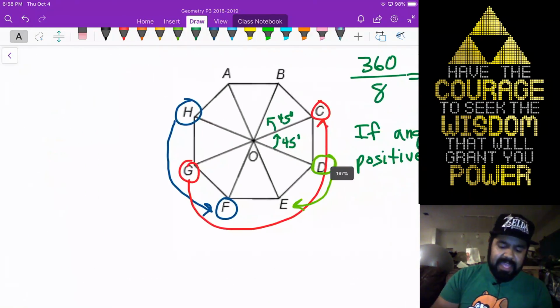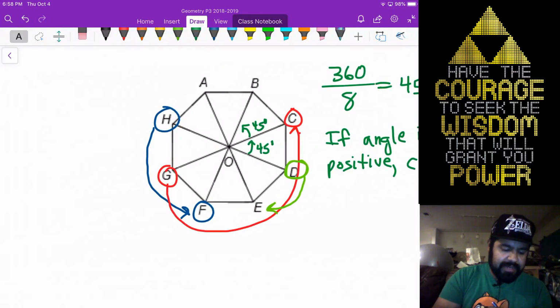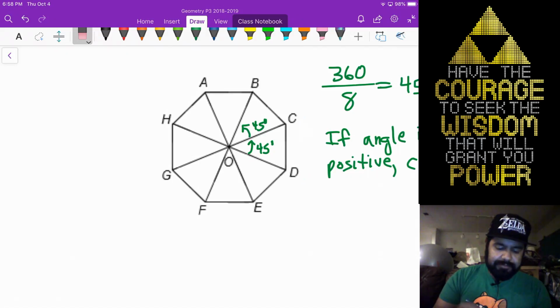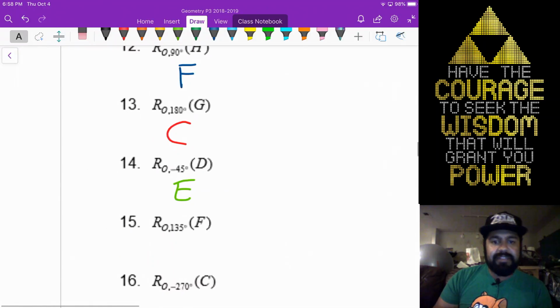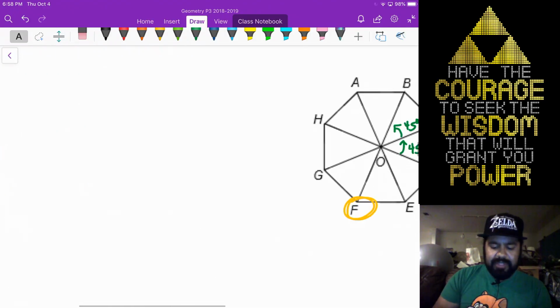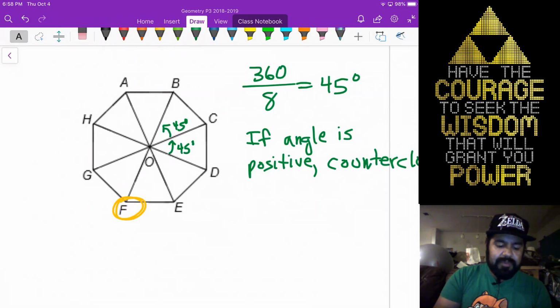So starting at F, and let's go ahead and erase this just to give us some clear space to think. If I start at letter F, and again remind myself the angle is positive, so I'm going counterclockwise. So I'm going to be moving 3 sections. We're going 1, 2, 3. So I land at point C.